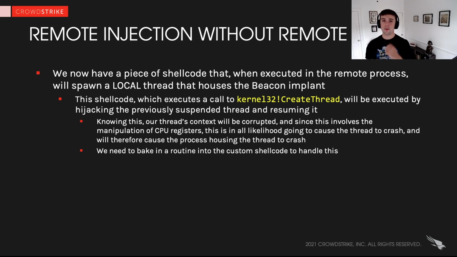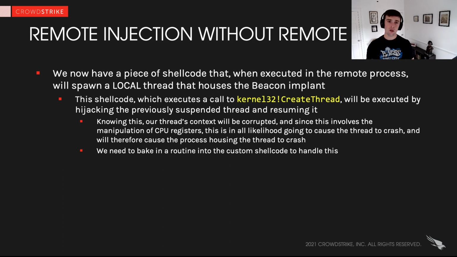Because we will be manipulating it, when the shellcode is actually executed, the state of the CPU registers will be basically foreign at that point, and it will cause a crash of our thread because we're invalidating the integrity of that context structure, and the CPU registers will be haywired essentially. And when that thread crashes, in all likelihood, it's going to cause the process housing that thread to also crash.